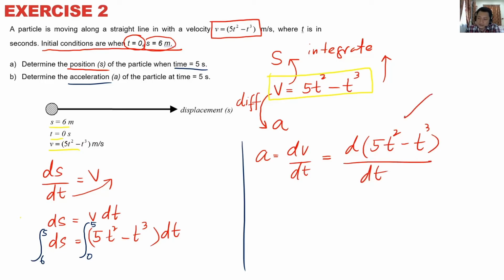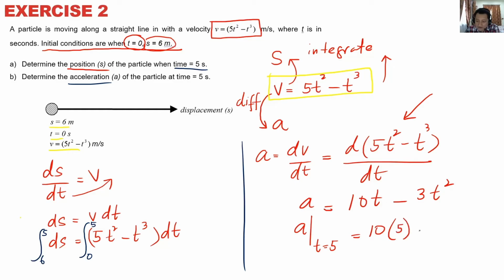So differentiate this equation. So what do you get? 10t minus 3t squared. This is your A, and then evaluate A when time is equal to 5 seconds. 10 times 5 minus 3 times 5 squared. So you get the value.